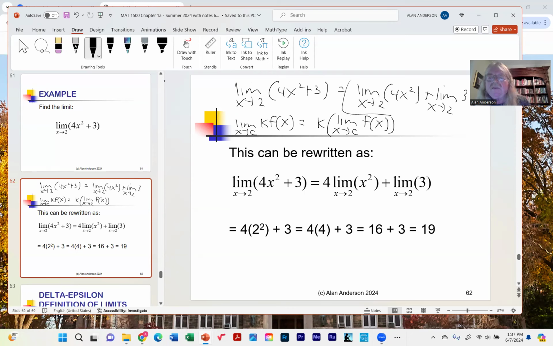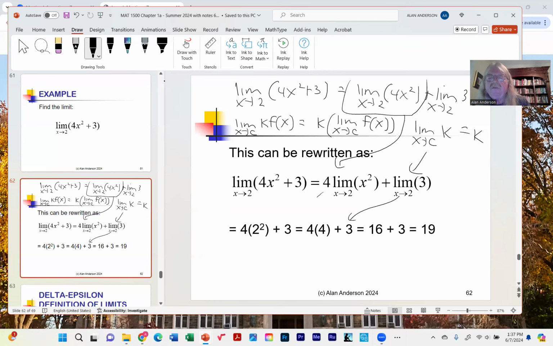This term can therefore be rewritten, as you can see here, as 4 times the limit of x squared. And over here we have a constant. And so we're going to end up with 3 for this term.